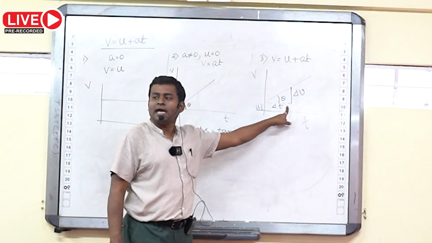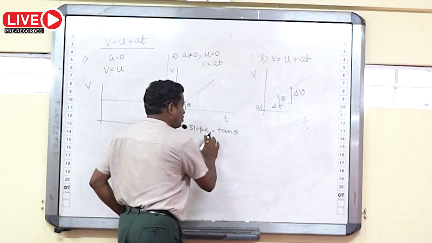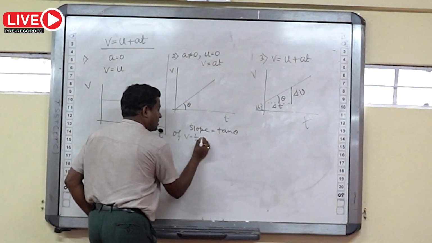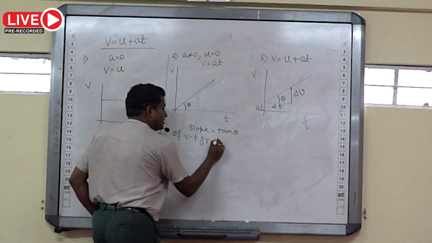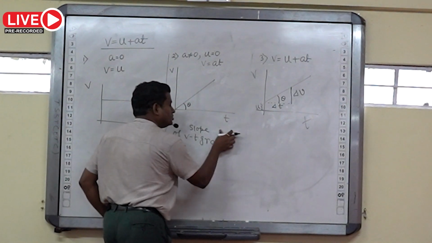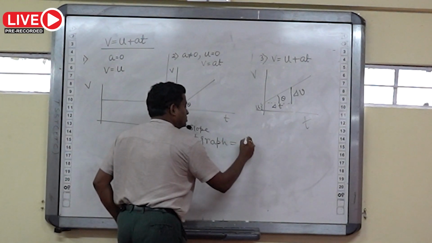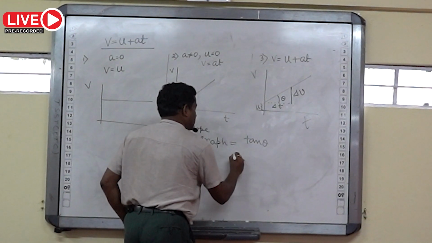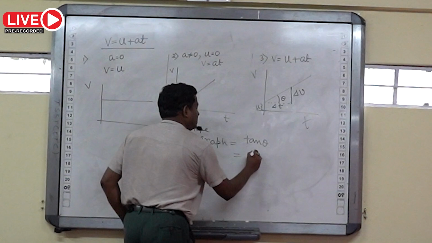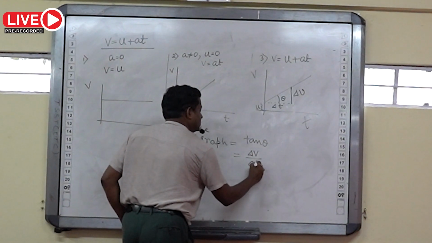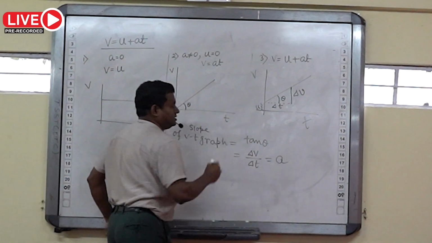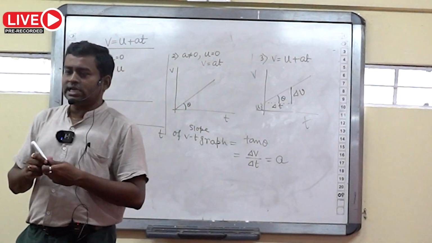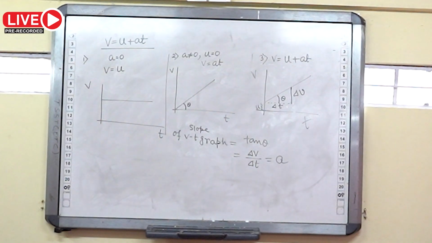That is called acceleration. So slope of the Vt graph equals tan theta equals delta v by delta t, called the acceleration. And since it is a straight line, the slope will never change, so acceleration is constant.